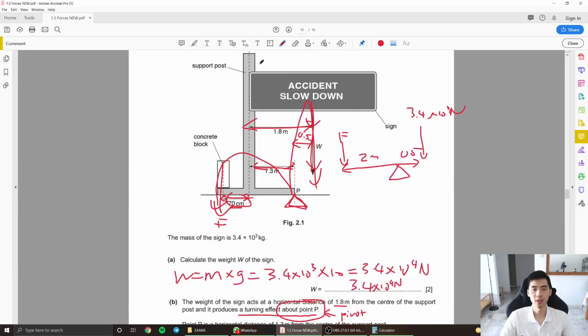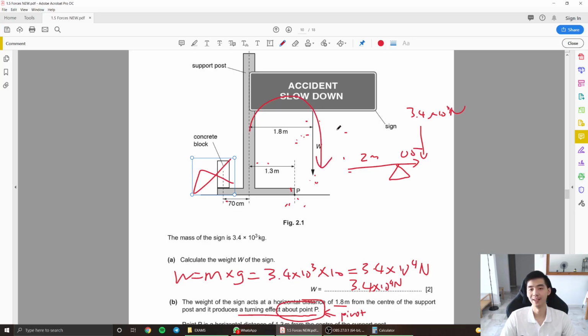Basically, this question here is saying that this thing is removed, and because of that there is obviously a clockwise moment by the weight of the sign here. And if this thing rotates in a clockwise direction, they're asking what would happen to this moment as this thing continuously tilts in the clockwise direction.